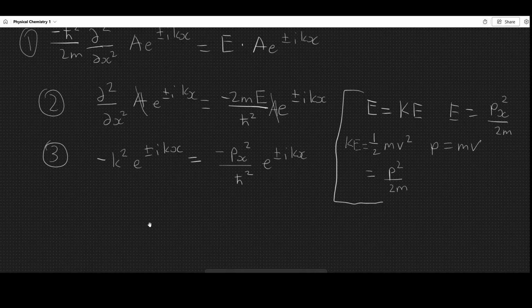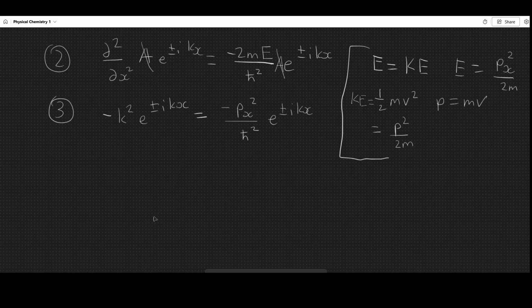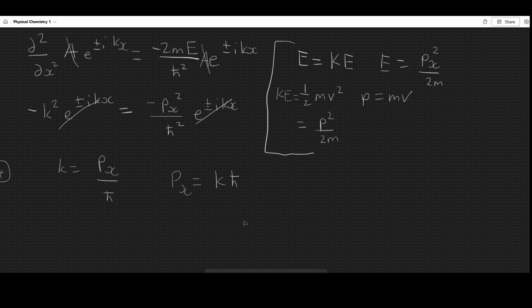Okay, so now we have this. And if we solve, we can cancel out both of these, and if we solve for k, we get that k equals p of x over h bar. Or we could also write that as p of x is equivalent to k h bar. Okay, so now we know what p of x is.